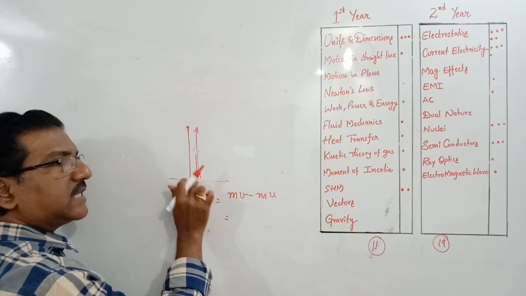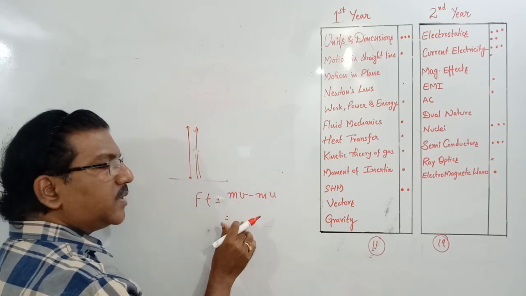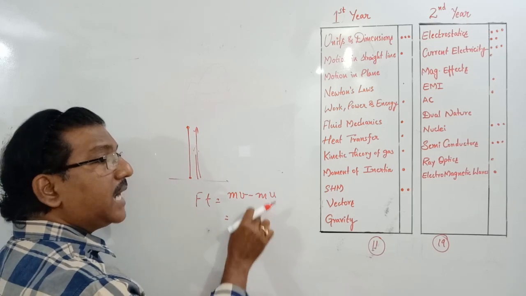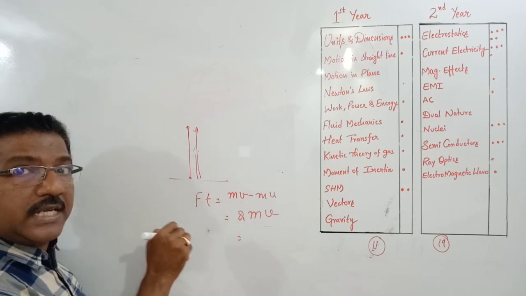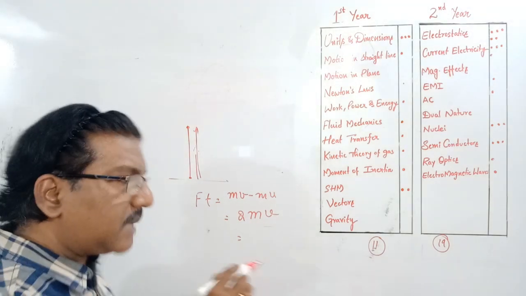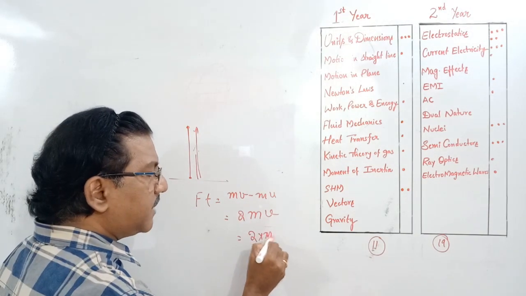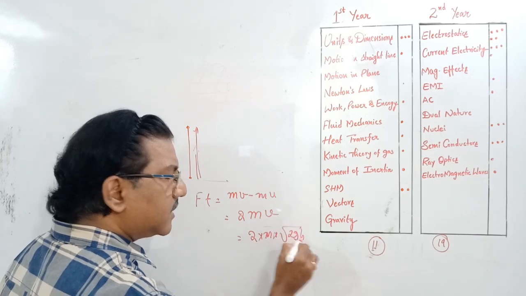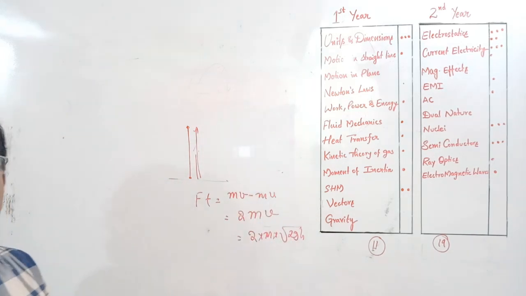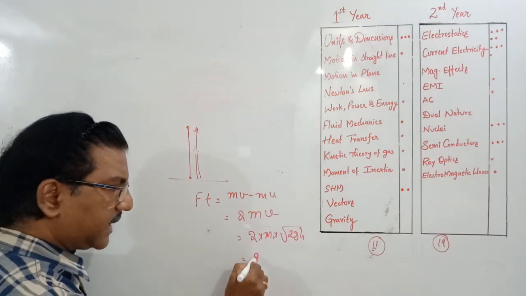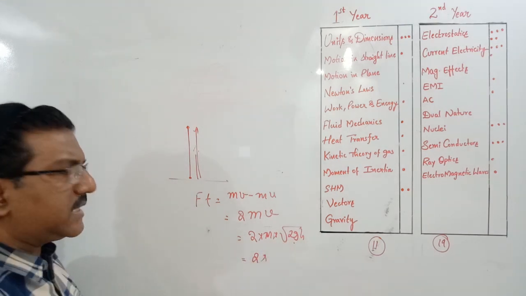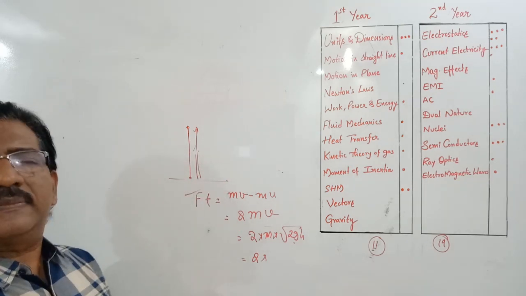Whatever velocity it strikes with, it bounces with the same velocity, so the change in momentum is mv minus of minus mv, 2mv. This is application. What I am talking about is application. 2 into m into, don't you know it is root 2gh? Directly m is given, g is given, h is given. You get that answer here.